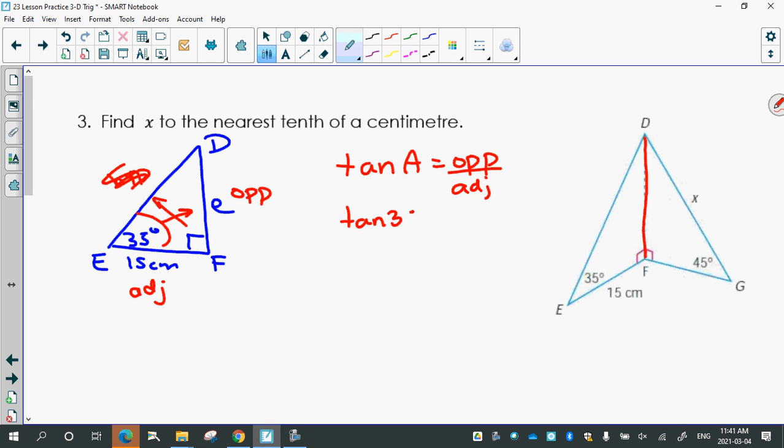Tan of 35 degrees is little e over 15. Multiply both sides by 15. That's 10.5 centimeters.